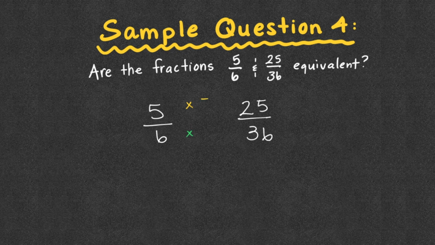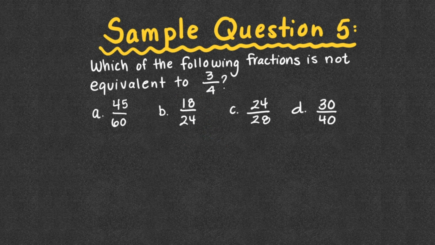So I know that 5 times 5 gets me 25, and that 6 times 6 gets me 36. What I notice is that these two are not the same number. So they're not equivalent. Multiplying something by 5/6 is not the same as multiplying something by 1 whole. To keep fractions equivalent, you have to multiply the numerator and denominator by the same number.